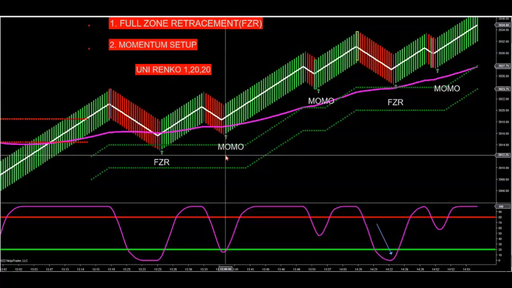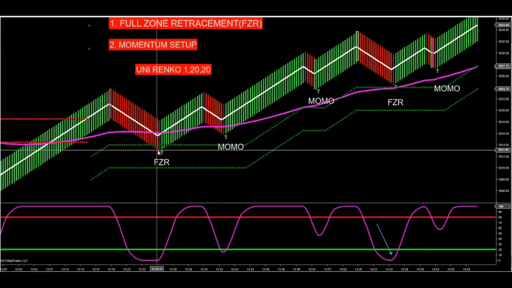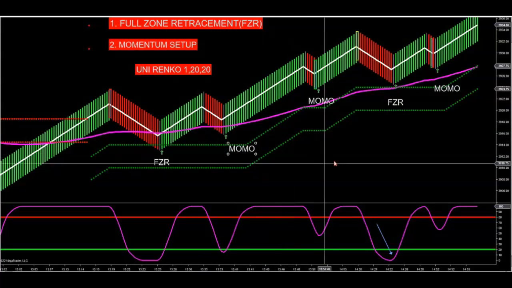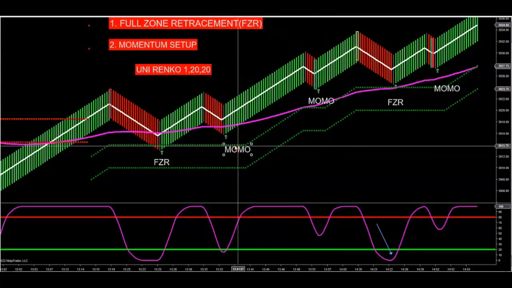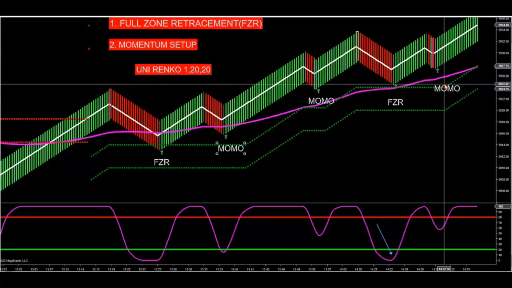Once it fires that arrow, you're going to look for the first Momo arrow on this time frame or the smaller time frame. So if you specifically want to trade this time frame, you look for the Momo to fire right after it comes out of the FZR. This is your highest probability Momo. The FZR here fires. That's your highest probability Momo.